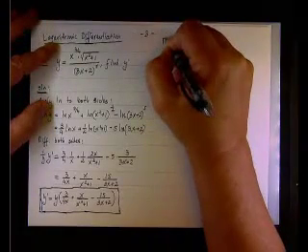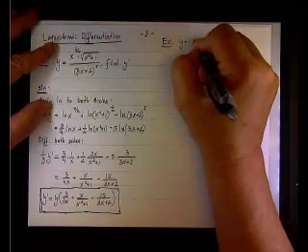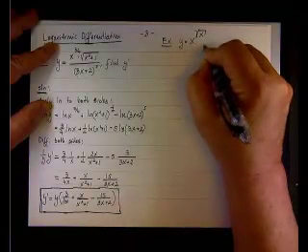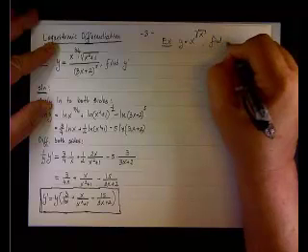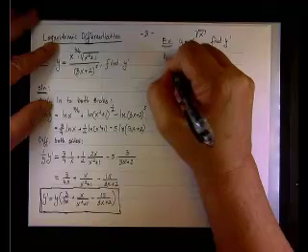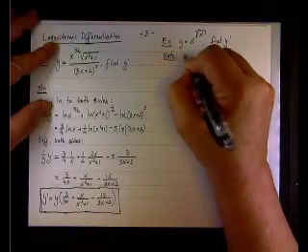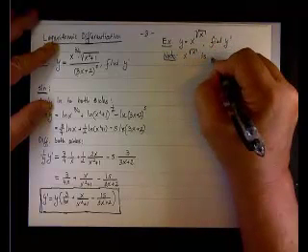The next example is also an odd-looking function that looks like this: y equals x raised to the power of square root of x. Note before you proceed, x raised to the power of square root of x is not a power function.